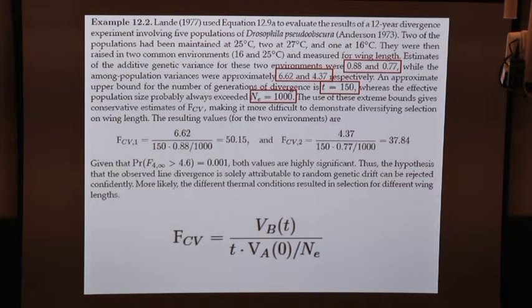You can look at the population cage structure. These were raised in giant open population cages, and so you can turn this argument on its side. Of course, the issue with any of these tests is, maybe you've overestimated effective population size. If you have, then you may bias the test against drift. So one thing you can do is keep on decreasing this effective population size until that number no longer becomes significant.